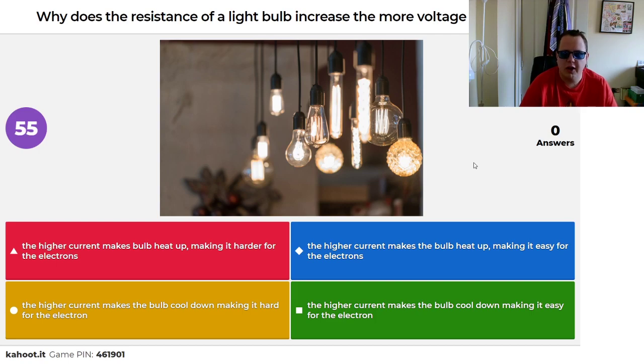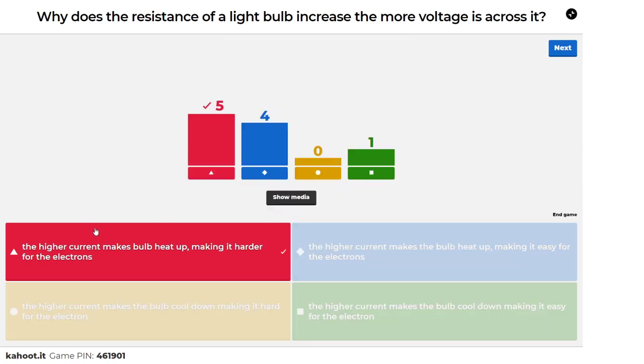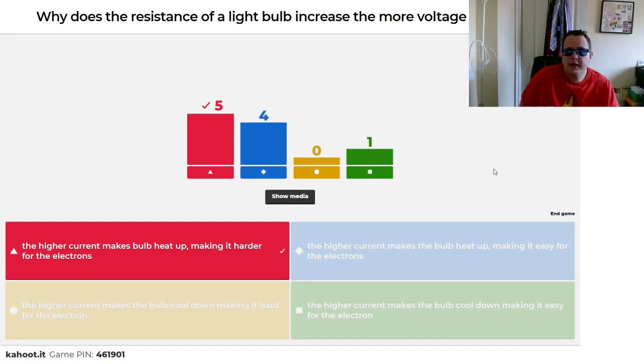Read these carefully because there's not a lot of difference between them. Yeah, well done to 5 people who got that right.